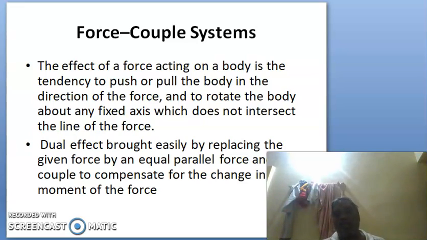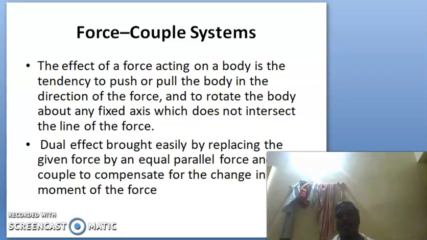Whenever a force is acting at some point which may not be the center of gravity, although there is a tendency for rotation, the force also has a capacity to move the body linearly along its direction. So a force is capable of the so-called dual effect of translation and rotation.